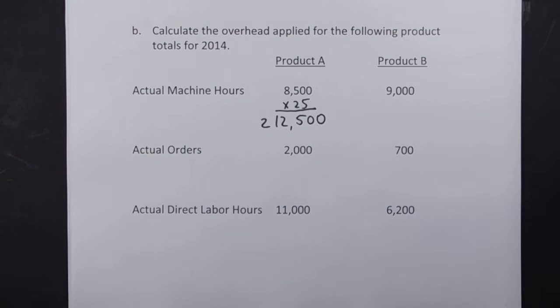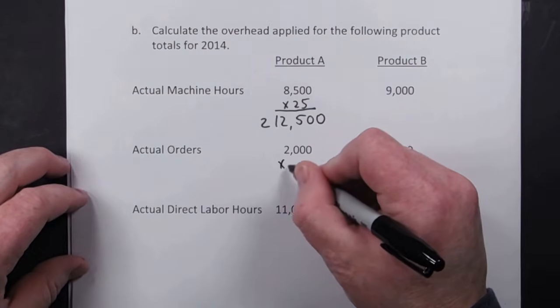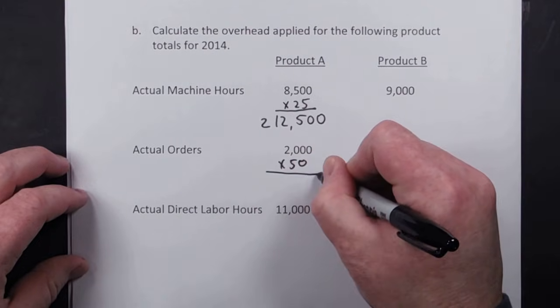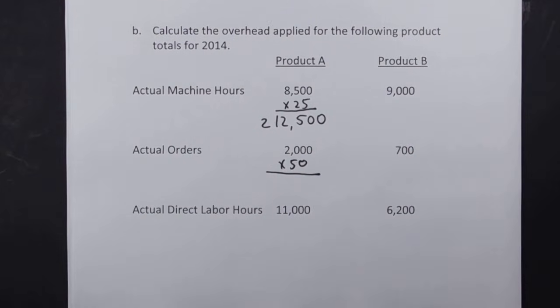And each order is going to cost us $50. So we're going to have a total of $100,000.